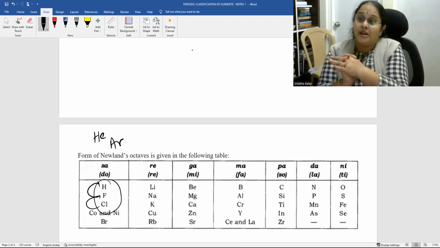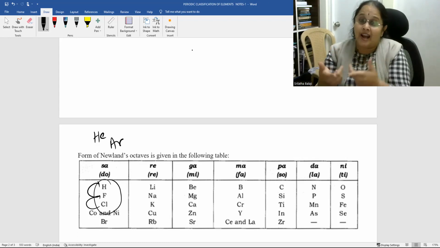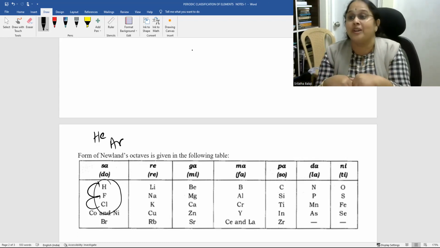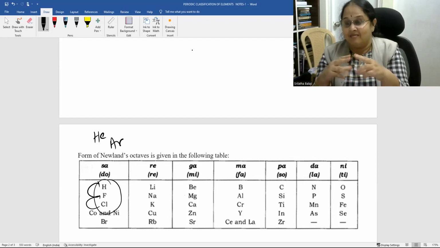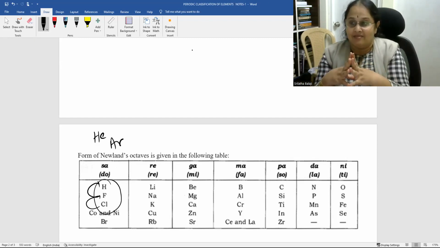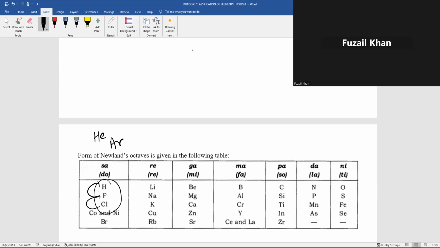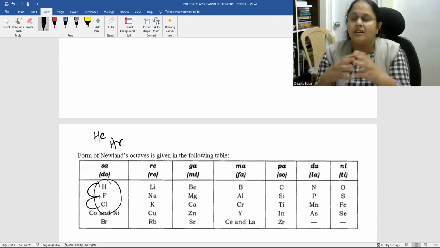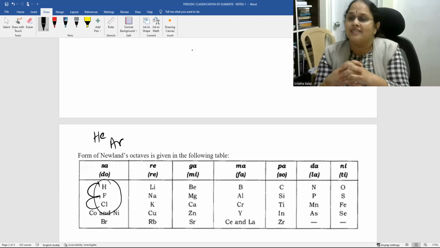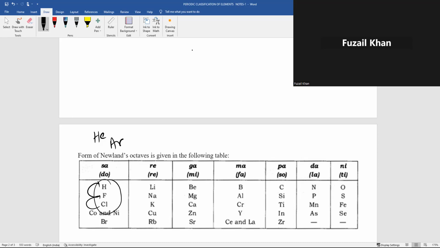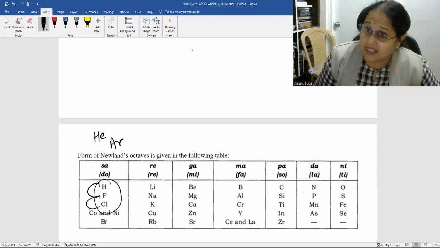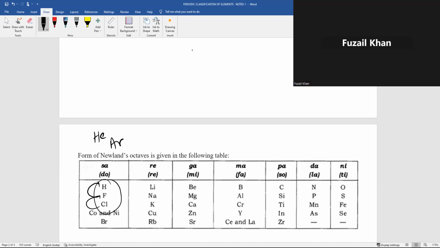Okay. And you forgot the question I asked, how does hydrogen resemble fluorine? Isotopes, dear. Same atomic number, different mass number. Good.